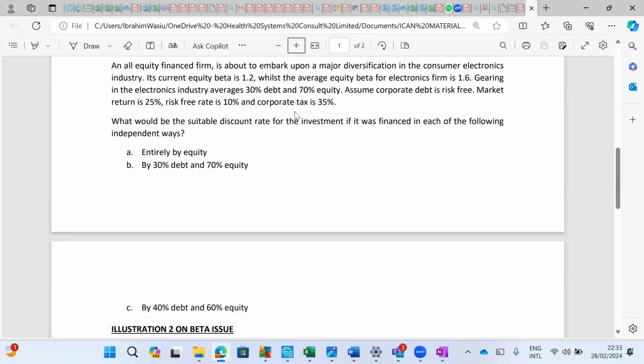While the average equity beta for electronics firms is 1.6. Now, before I go too far, what's our beta? That's the business. Is it the 1.2 or 1.6?